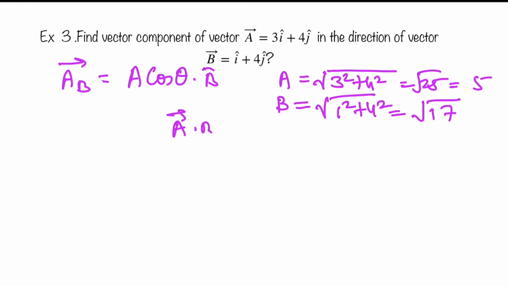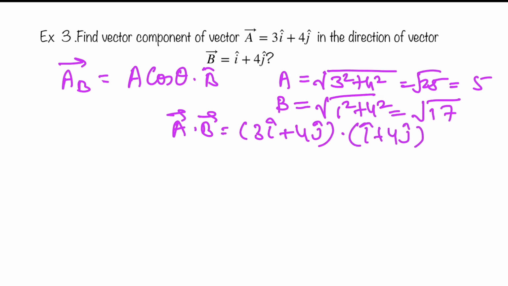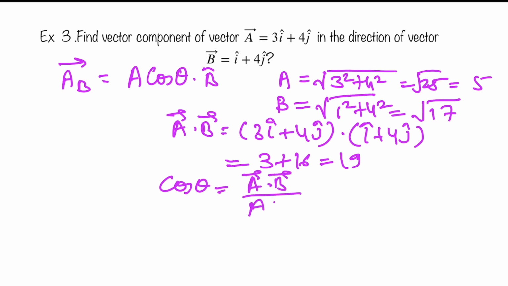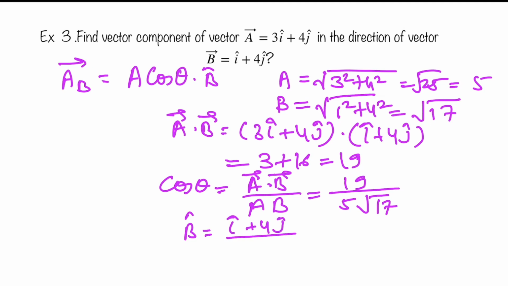Here A dot B can be written as (3i cap plus 4j cap) dot product with (i cap plus 4j cap), and this is equal to 3 plus 16, equal to 19. So cos theta, which is A dot B divided by AB, is 19 divided by 5 root 17. And B cap is given by vector B, i plus 4j cap, divided by its magnitude, which is root 17.